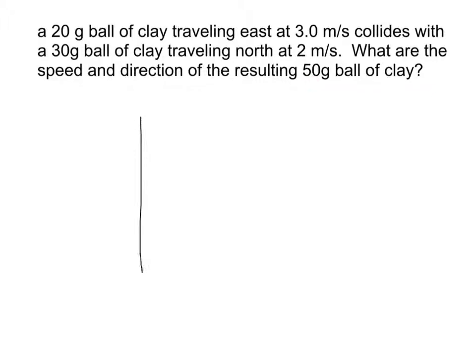So what I would do to solve this problem is start out with some sort of diagram where I have north, south, east, and west. I've got some ball of clay that's traveling due east at 3 meters per second, and this ball happens to be 20 grams.